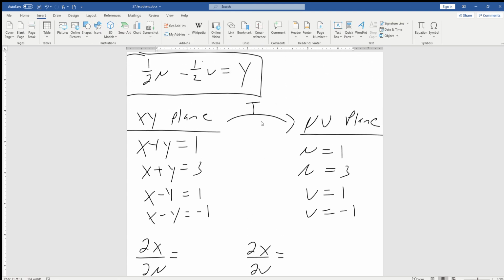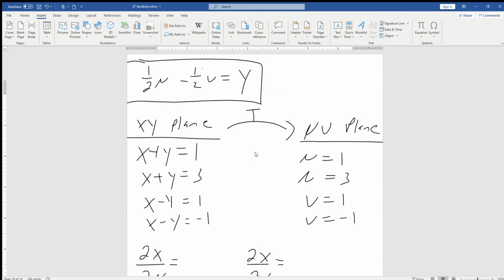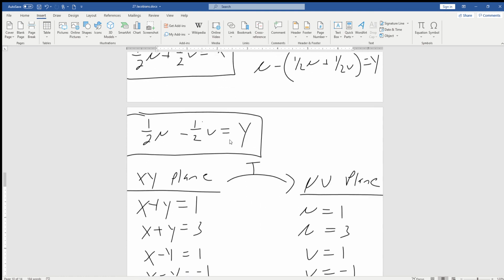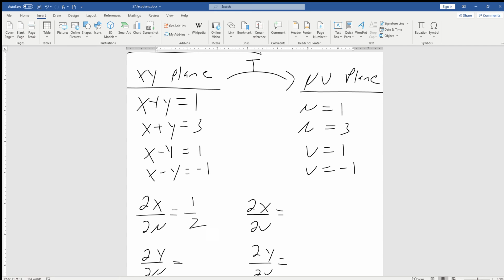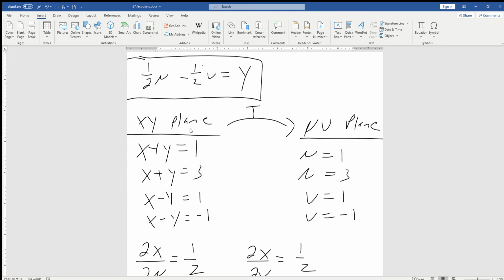Partial x, if we go back up top, with respect to u and also with respect to v, is going to be 1/2. So we get a half, we get a half. Partial y with respect to u, 1/2. Partial y with respect to v, -1/2.